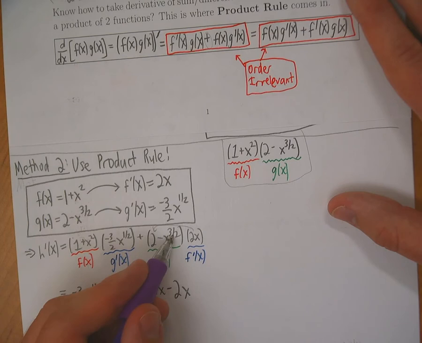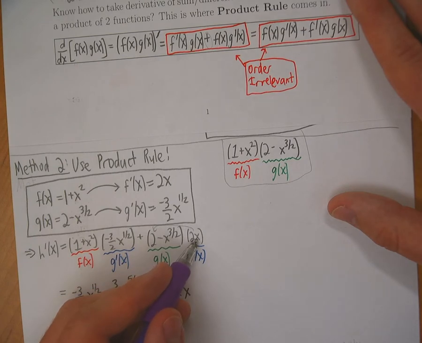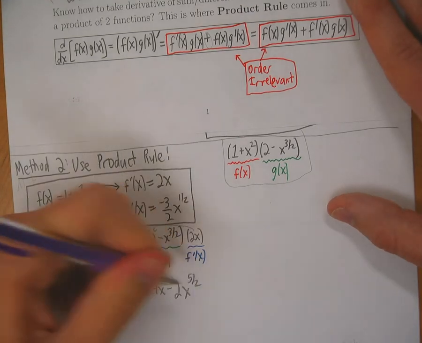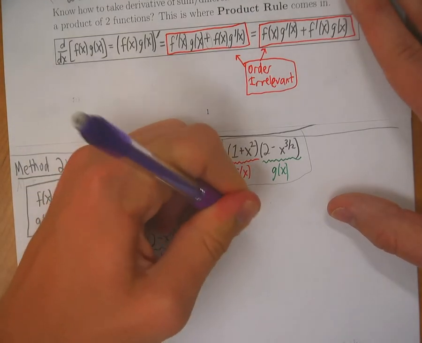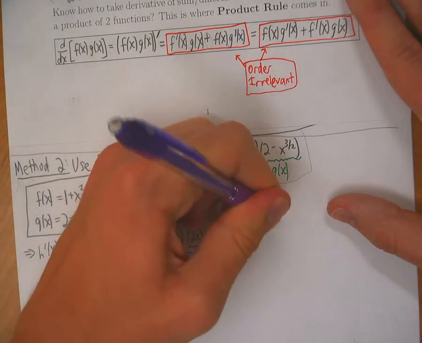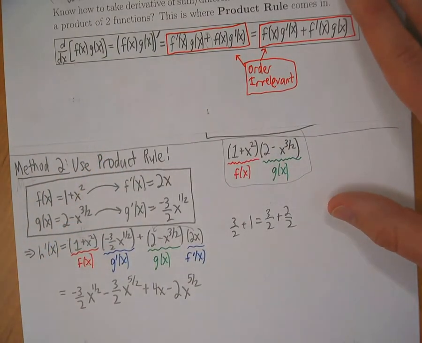Well, 3 halves times x, but you have to multiply x into that. So you're essentially adding 1 to that. So it'd be 3 halves plus 1, which is 5 halves. There we go. You can think of this as 3 halves plus 2 over 2. And that's how you get 5 halves.